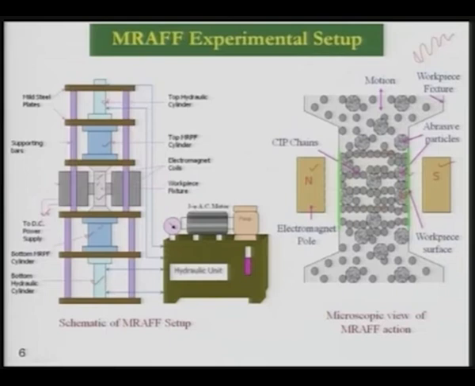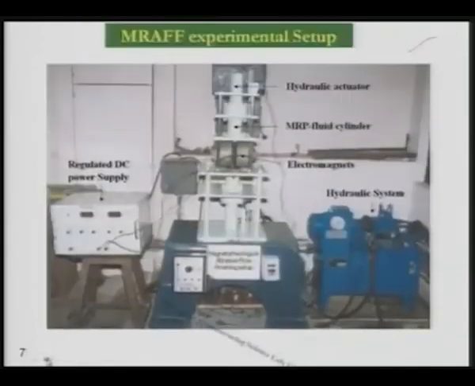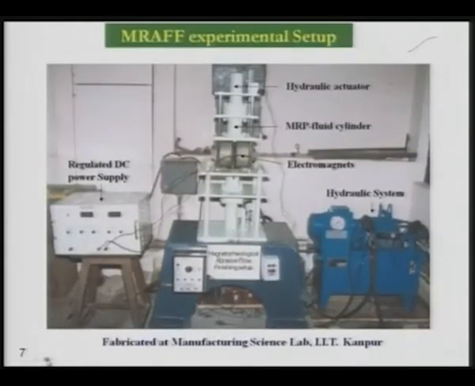Now the hydraulic unit is shown over here. This is the experimental setup that has been designed and fabricated at the IIT Kanpur Manufacturing Science Lab. You can see some of the things visible over here. This is the hydraulic actuator which moves the piston in the MR fluid up and down, and then here is the electromagnet, and between these two poles of electromagnet coils there is the workpiece which you cannot see very clearly, but I am showing it by arrow.